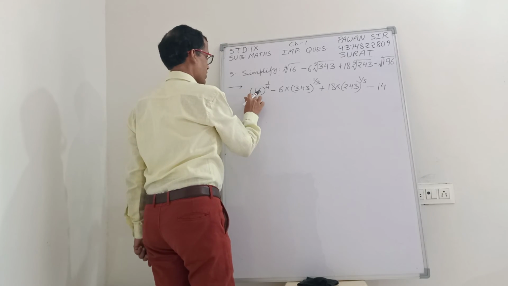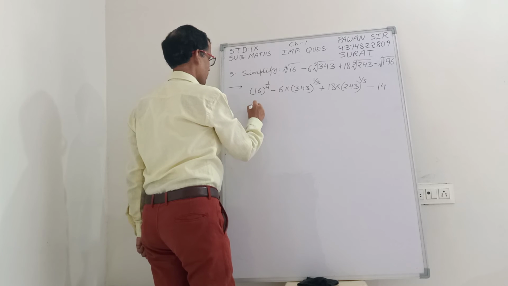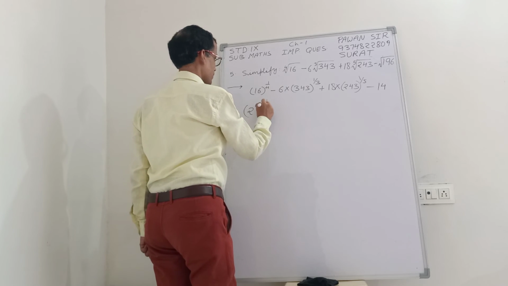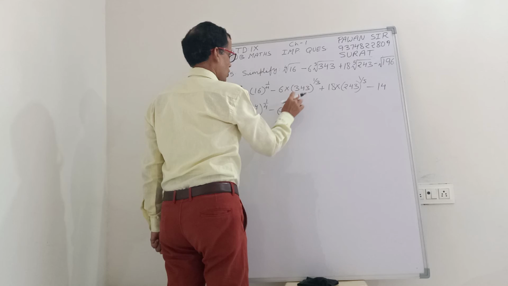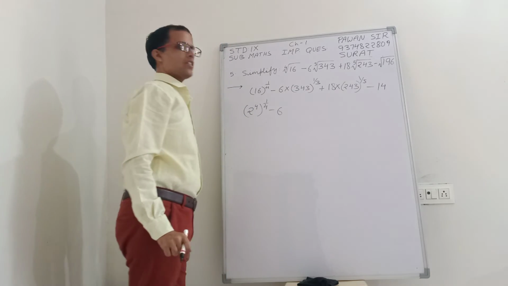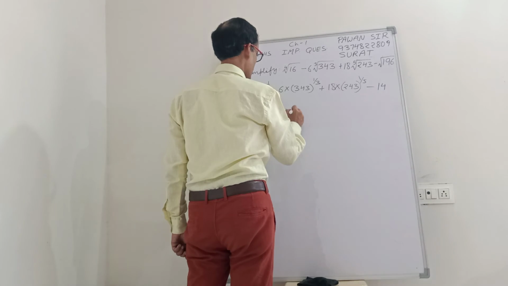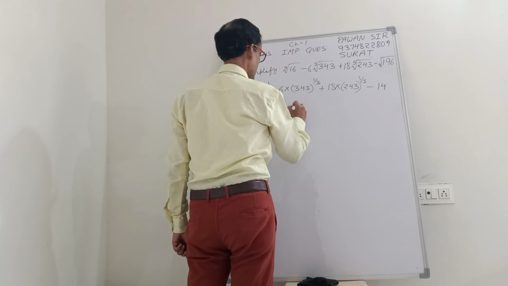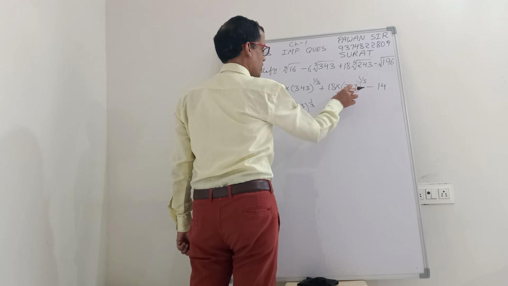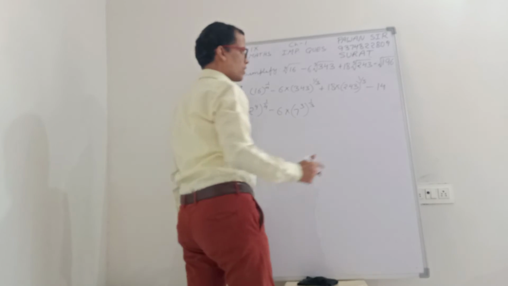Now see, 16 is your 2 power 4. Also 343, it is the cube of 7. You have read in 8th standard. So this can be written as 7 power 3, power 1 by 3. Now we have to simplify 243.